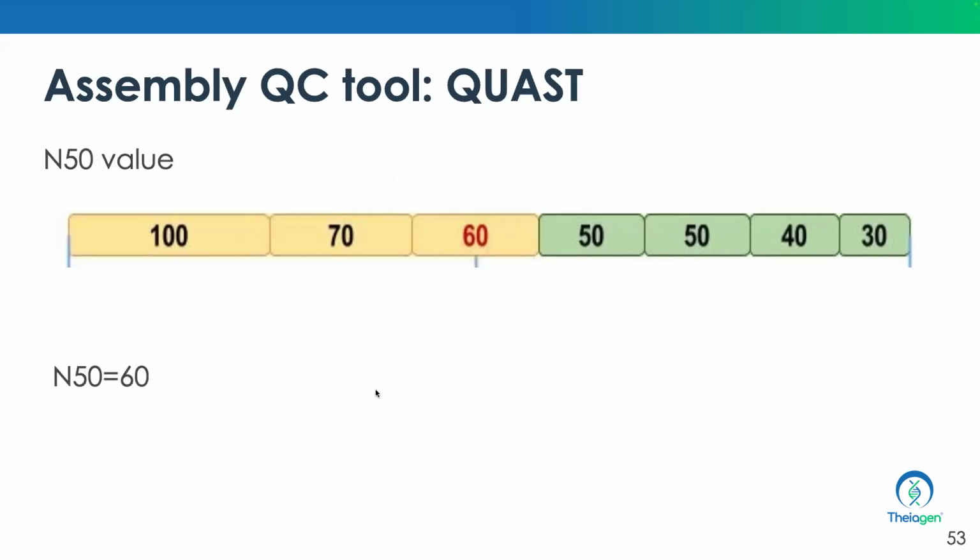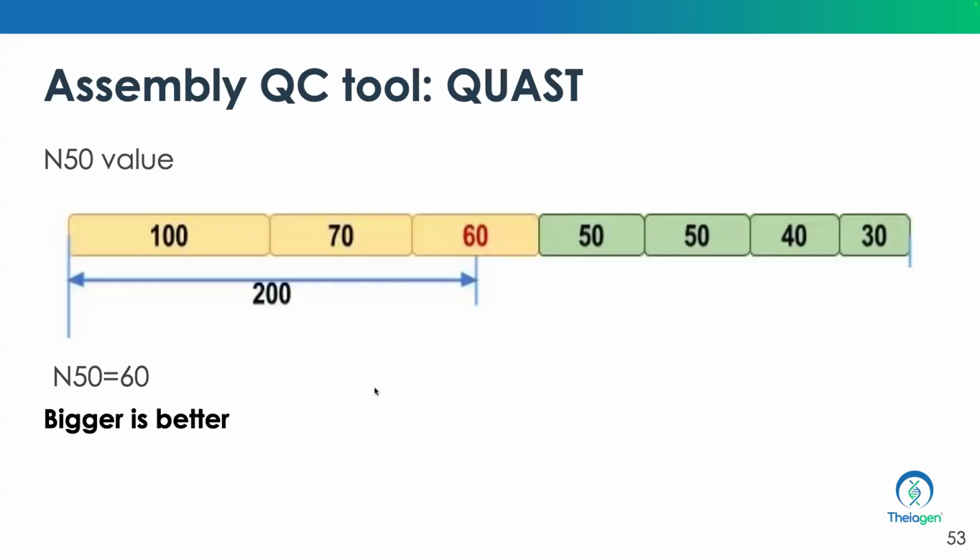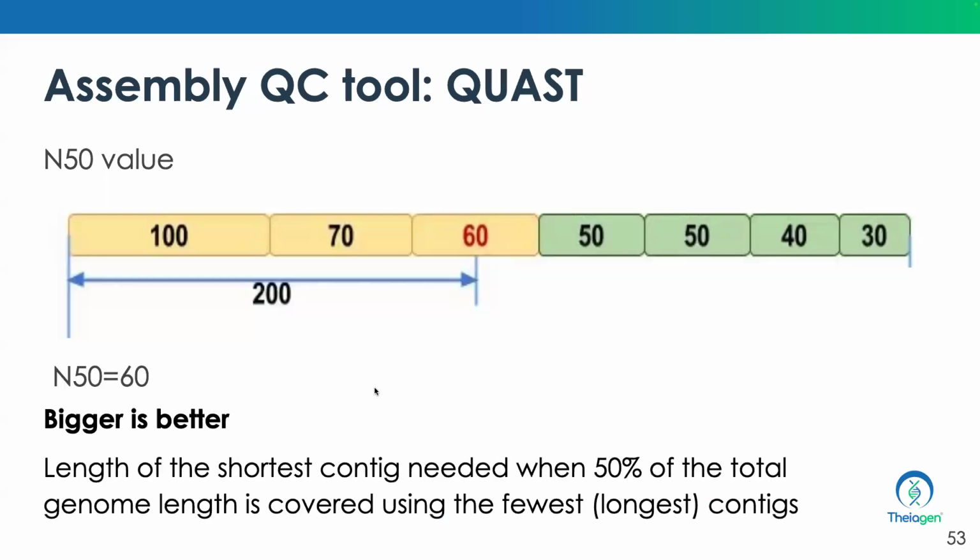And then we have the N50 value. So the N50 value is the length of the shortest contig needed to make 50% of the genome length. So if your genome length, in this case, let's say it's 400, half of that is 200.